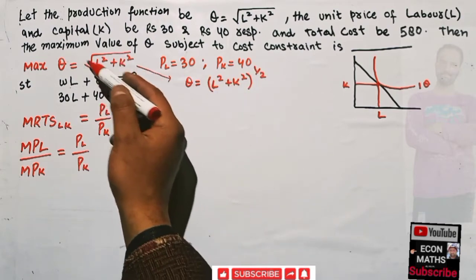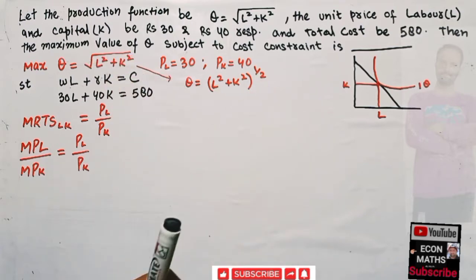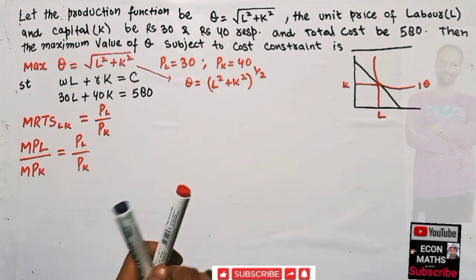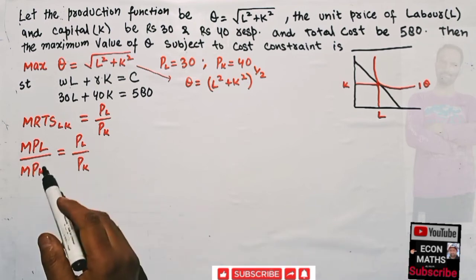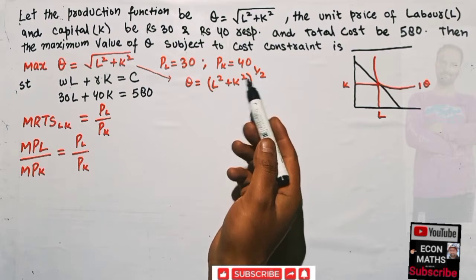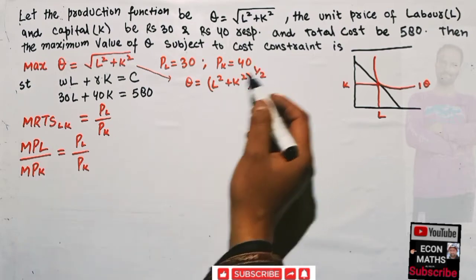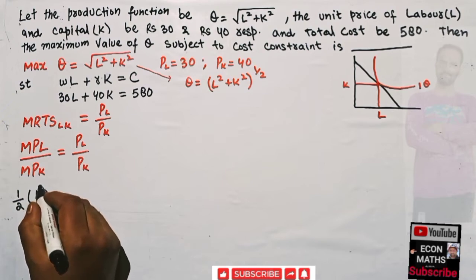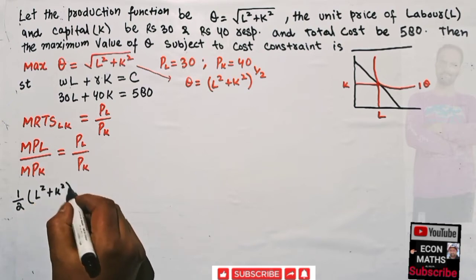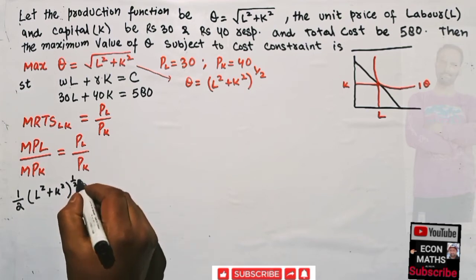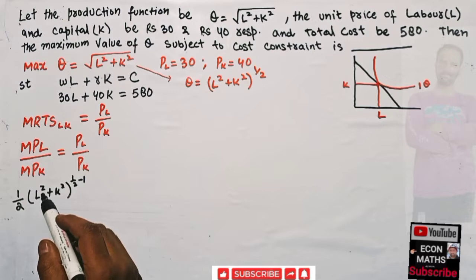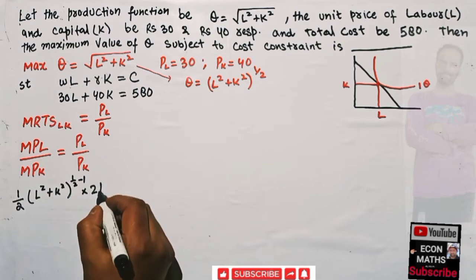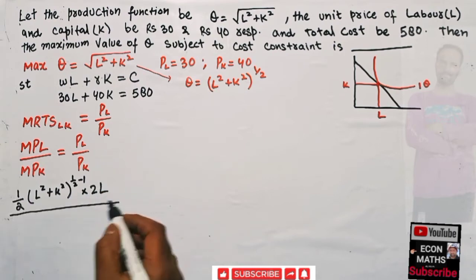Same thing, I have just changed the root into a power. Differentiating with respect to L, the exponent 1/2 becomes the coefficient, the exponent is subtracted by 1 by the power function rule, and then we internally differentiate L², whose derivative is 2L. This is our MPL, divided by MPK.